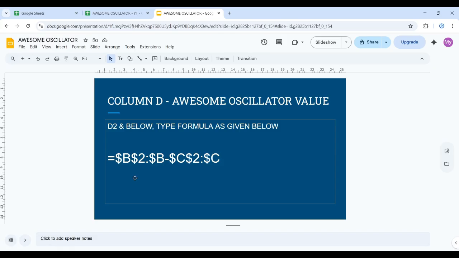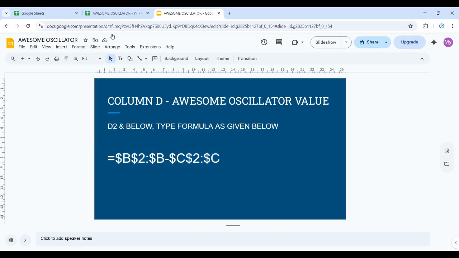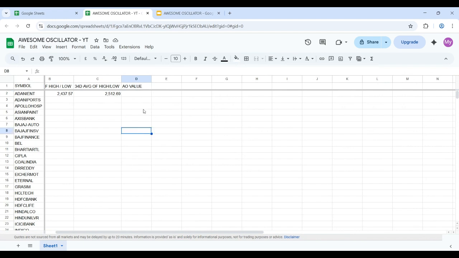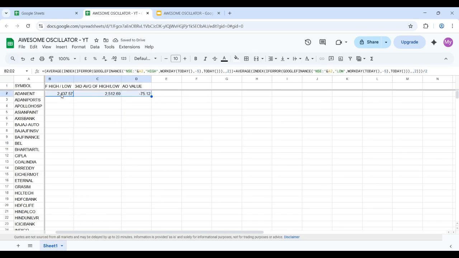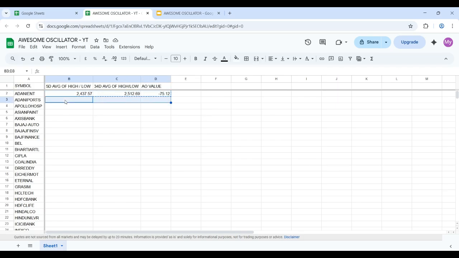It is the 5-day average minus the 34-day average, B minus C. Okay. So finally we got the awesome oscillator value, but we will cross check whether the values which we got are correct.